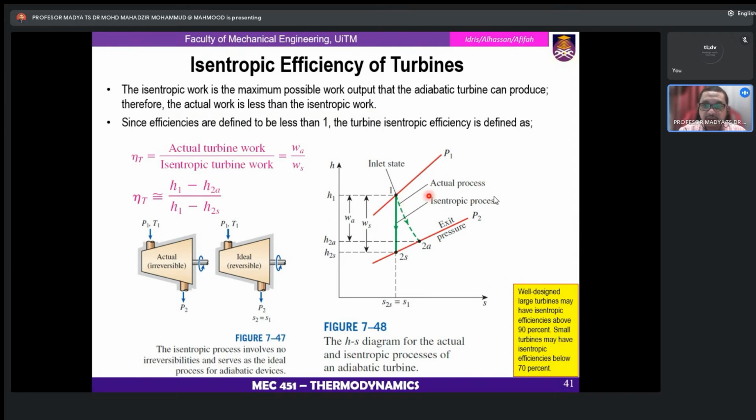So when we talk about the turbine, the straight line is the ideal process. The dotted line here is the actual process. If you want to measure the ideal process, you will get the smooth straight line.